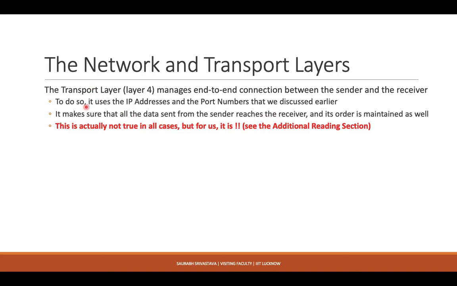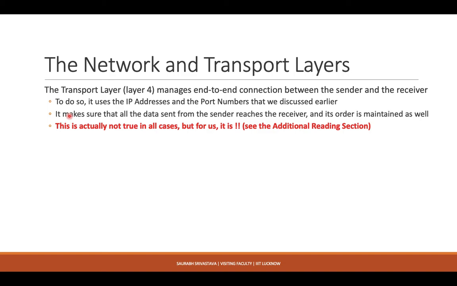And this layer is also responsible for sequencing. If your message is very large, it will be broken up into different packets and then sent across the network. This layer also makes sure that everything is received in the order it was supposed to be received, because we are living in a world where physical mediums are prone to errors.